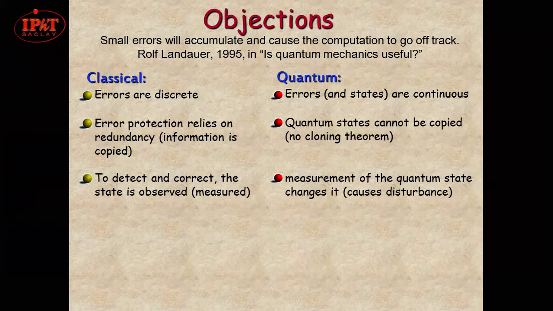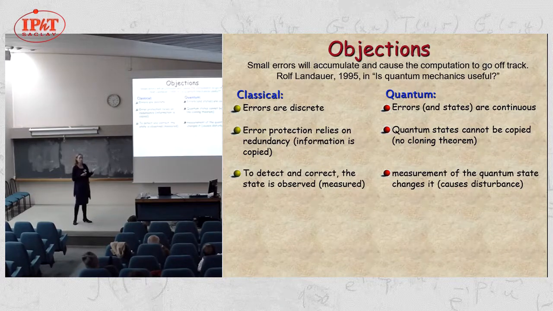To detect and to correct in the classical world, you look at the bits and do some operation to correct. You have some sort of error syndrome, you look at it and you correct. If you do the same in a naive fashion on a quantum state, you measure, and there goes your superposition. So you don't want to do that either.